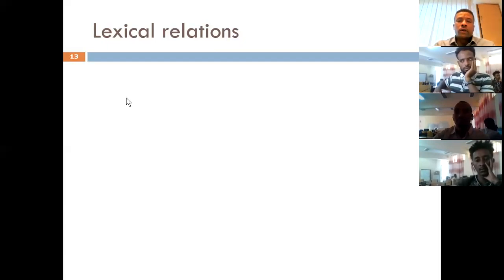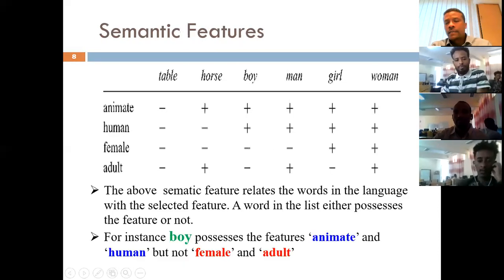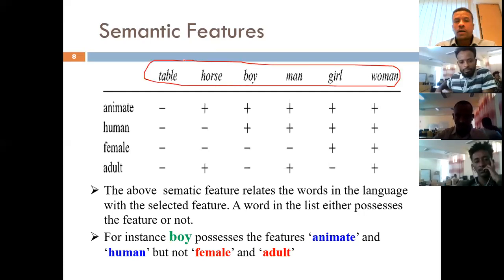And if you recall, we had some examples earlier like this one for each of the words that we have in here. Mind you, these are the words that we have, and the columns are representing the words, whereas the rows are representing the semantic features. So we assign plus or minus for each and every word.